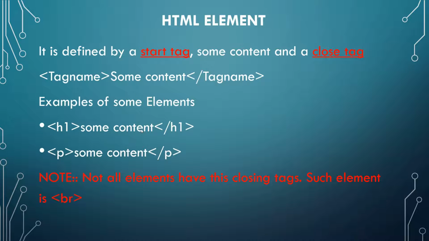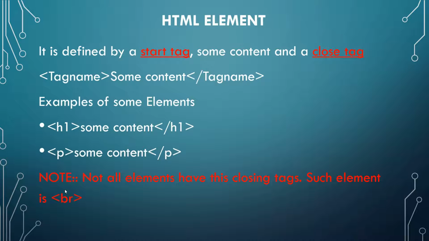So note, not all elements have this closing tag. Such element is the line break element. The line break element operates without any close tag. It is just there. It has an empty content.